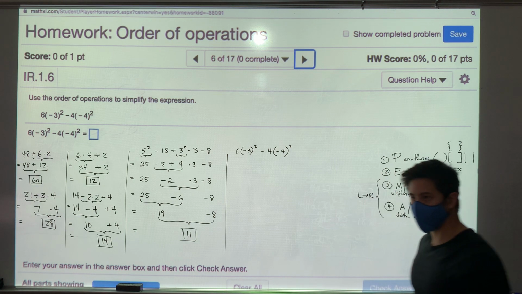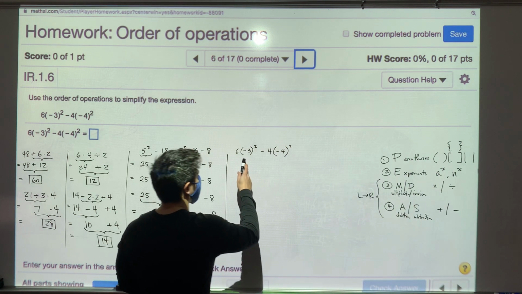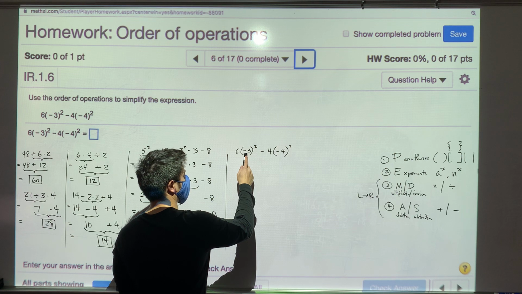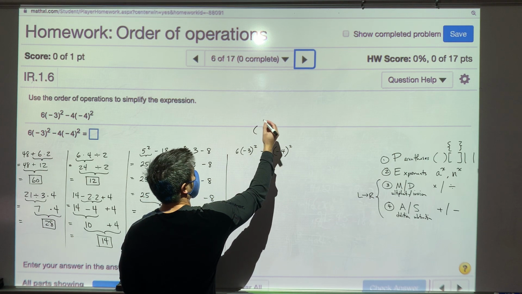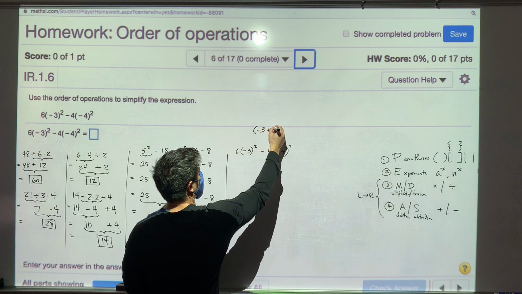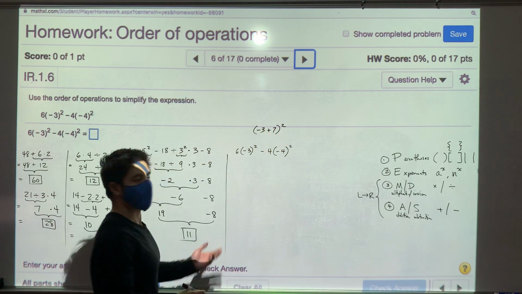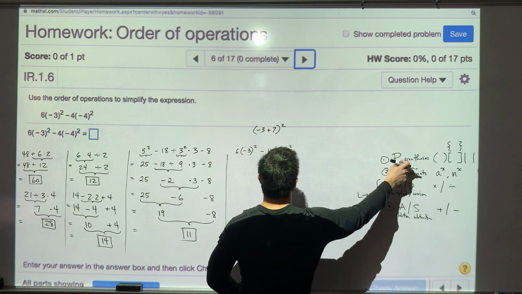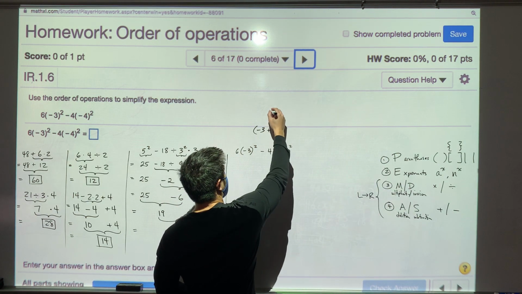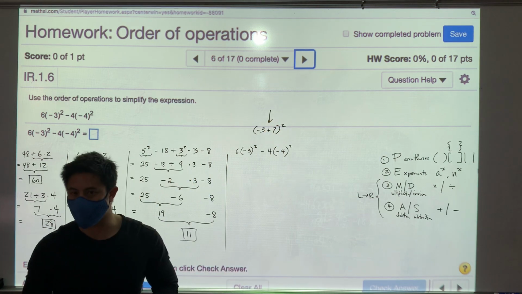Now, from previous sections, you know that when I have just a number in parentheses, and not necessarily an operation, negative 3 plus 7 squared, something like that, right? This is what this refers to, actually having to do something in the parentheses.